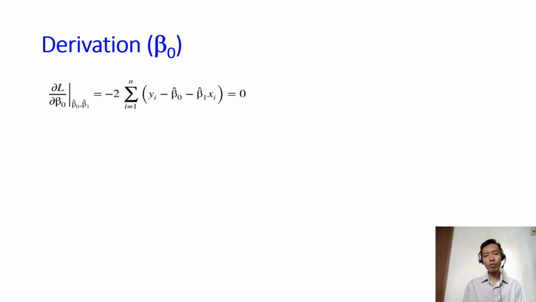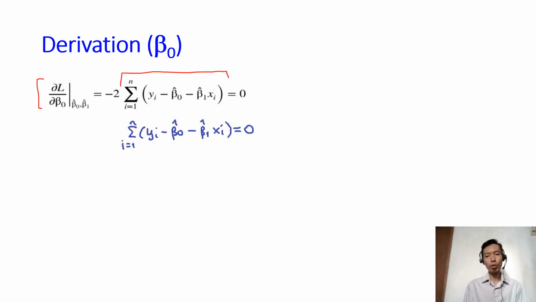Now let us solve this derivative of L with respect to beta 0, and then we set it to 0. So first we realize that minus 2 times something equals 0. So this something must be 0. So we ignore the minus 2. Okay.